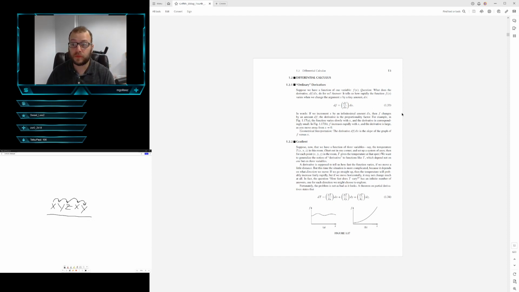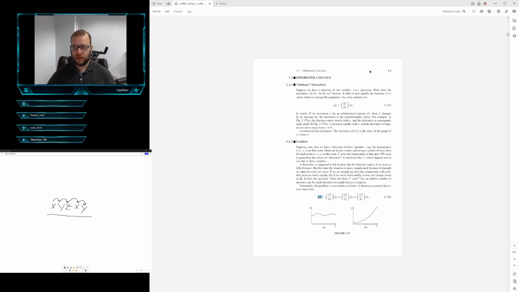So the infinitesimal change in the temperature from one point to a point plus a delta x, delta y, and delta z is simply the partial derivative of the function t with respect to x, partial derivative t with respect to y, plus the partial derivative of t with respect to z, times the dx, the dy, and the dz.